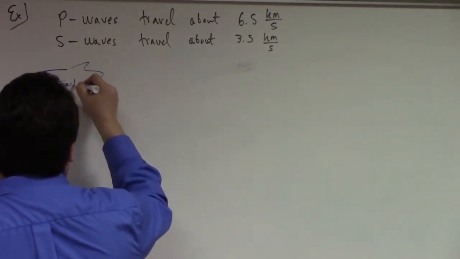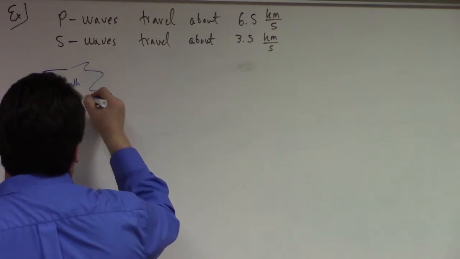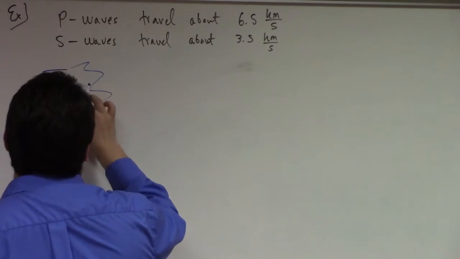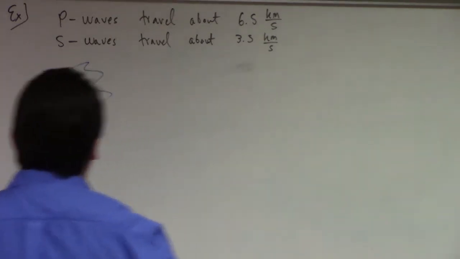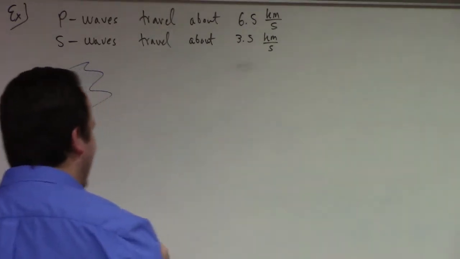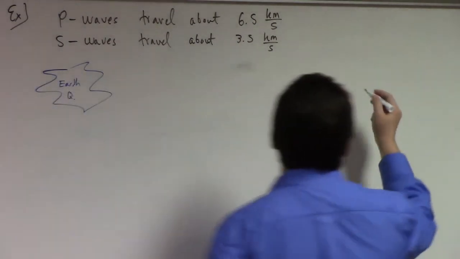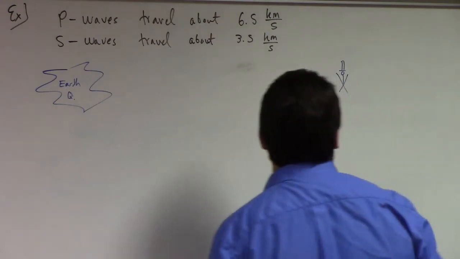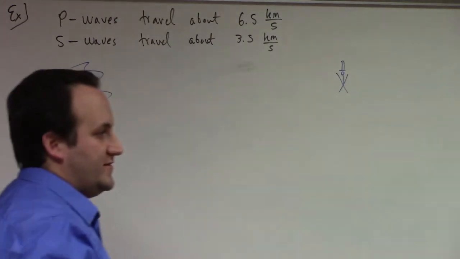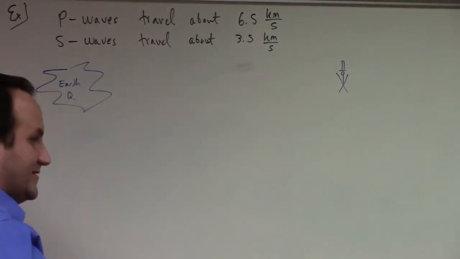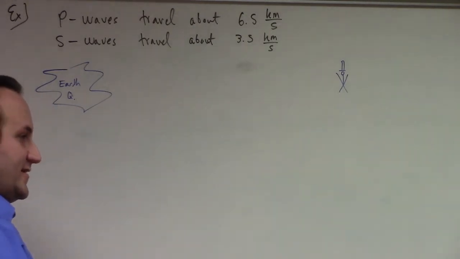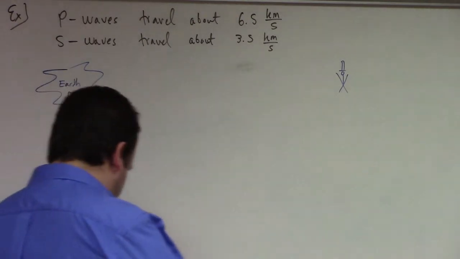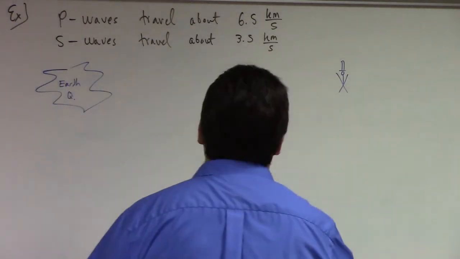Earthquake. And then over here, Mr. Top Hat has a seismometer or whatever it's called, and let's just say he's put his ear to the ground and feels one wave. 22 seconds later, feels another. Okay. And so there are these two different waves.